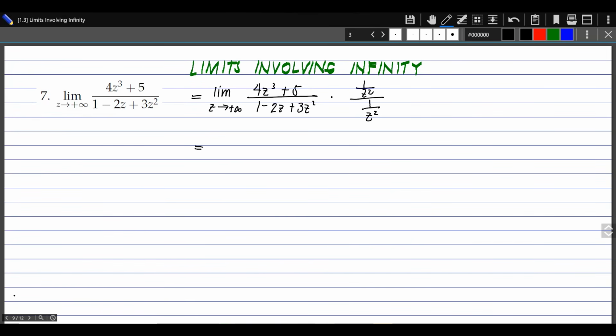This becomes the limit of 4z plus 5 over z squared all over 1 over z squared minus 2 over z plus 3.